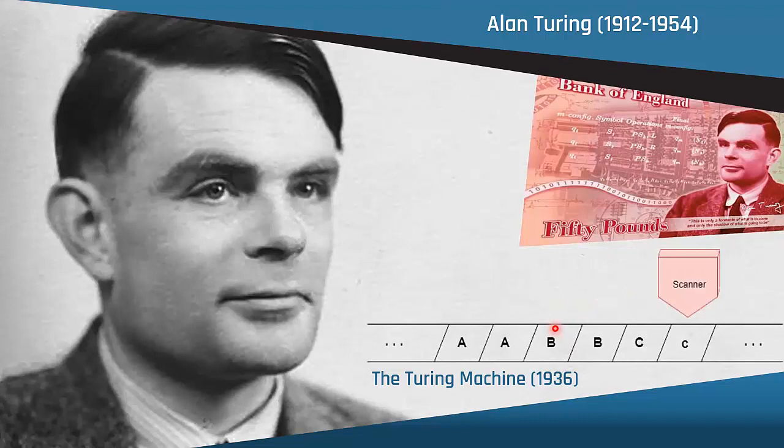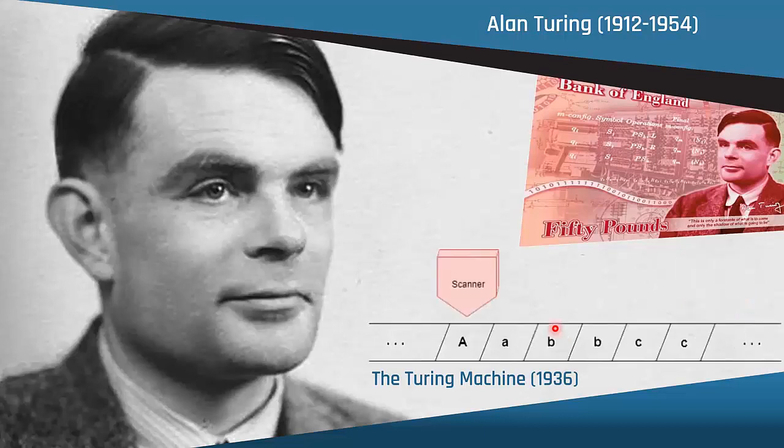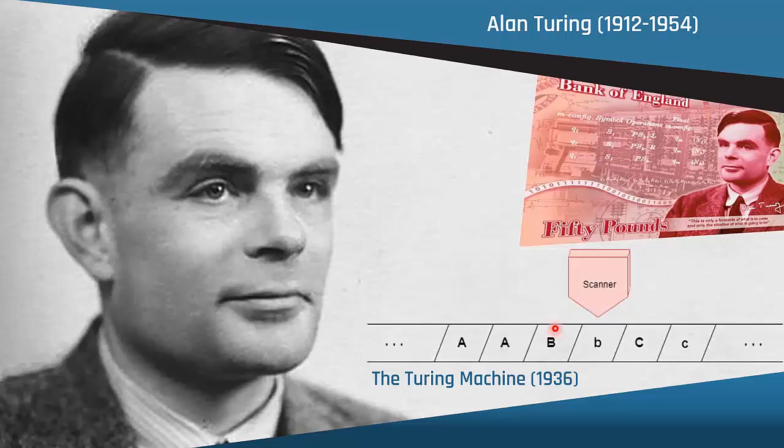And he built a real computer, or he was one of the designers of a real computer there, that was kept secret until the 70s. So it doesn't get the fame that some of the other computers we'll look at got.